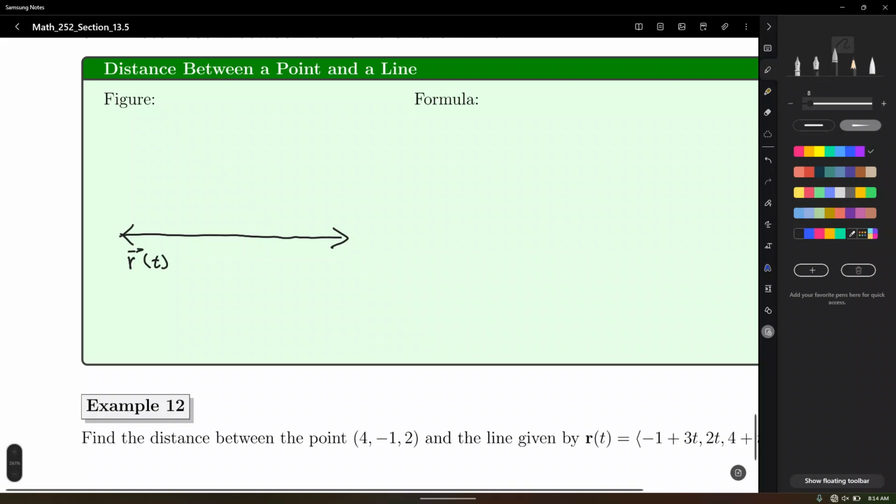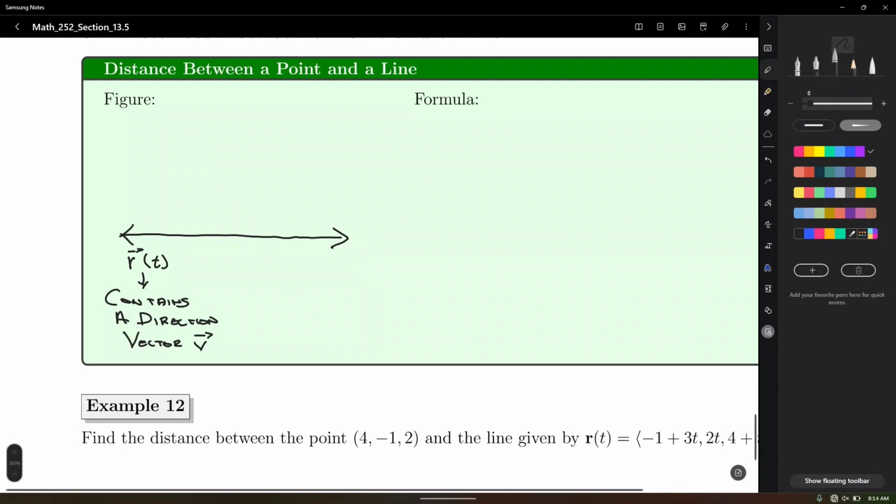Worth noting, number one, this line contains a direction vector that I'm going to call v, simply v, okay?